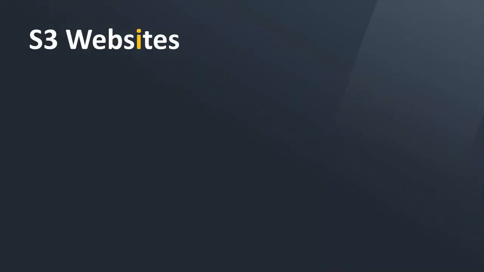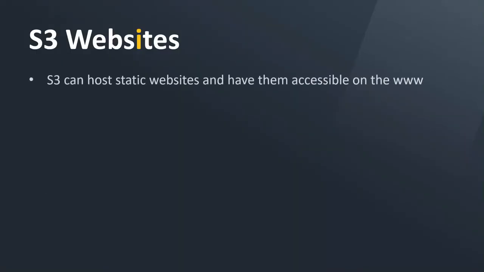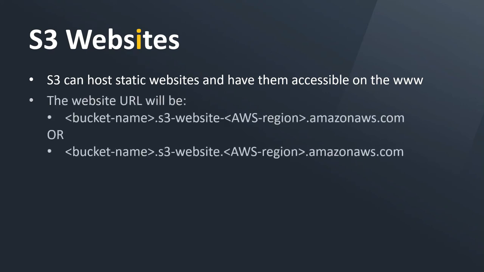Okay, let's talk about S3 websites. S3 can host static websites and have them accessible on the World Wide Web. The website URLs will be very simple. It will be an HTTP endpoint and it can look like this or like this, depending on the region you are in.